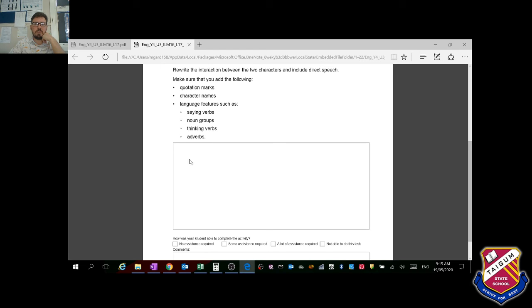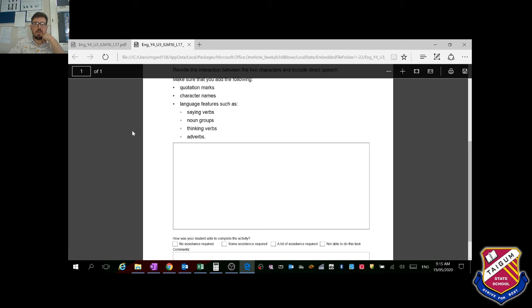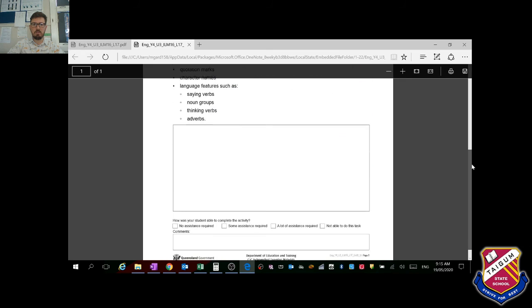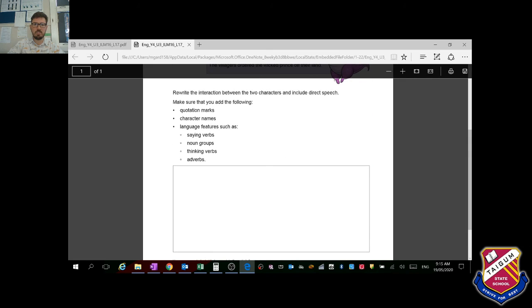Make sure you add the following: quotation marks, character names, and language features such as saying verbs, noun groups, thinking verbs, adverbs. One thing that I will mention after marking all of your narratives is we need to try and include more noun groups into our work, okay? Try and make our writing a lot more descriptive. So I want you to give that a go. Writing an interaction and including all of those things. Off you go.